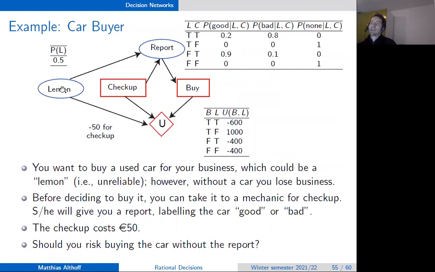Lemon doesn't have any parent, multiplied with the probability of report given the parents of report, and the parents of report are lemon and checkup. So it's exactly the same technique we have used for Bayesian networks, where we multiplied the conditional probabilities, and we always used in the condition the parents of the network.